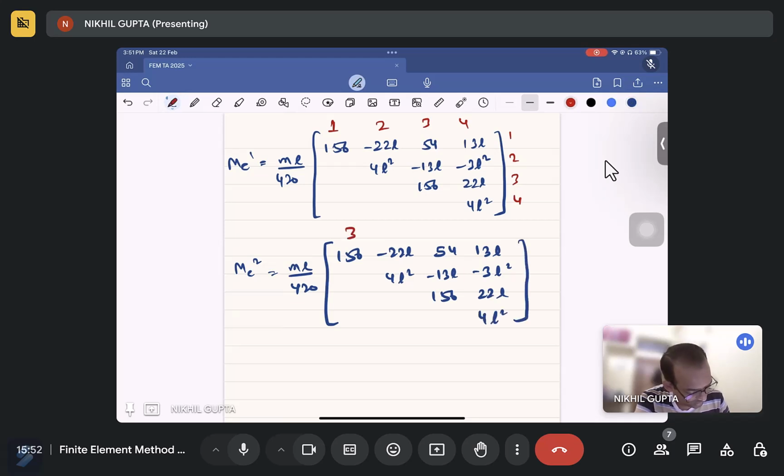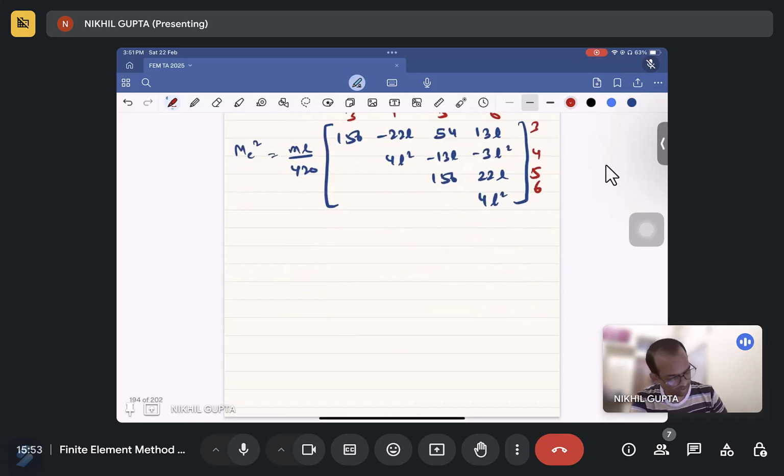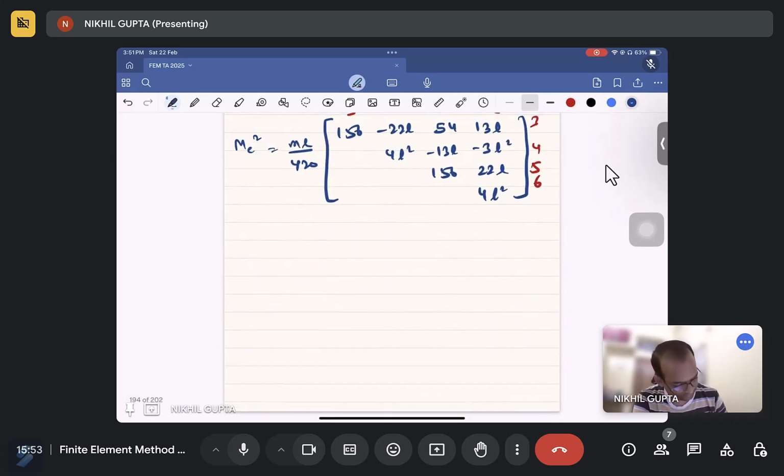So it will be 3, 4, 5, 6, because M2 is related to the second element. Now according to this, you will form a global mass matrix which will be ML by 420. You will add the corresponding terms if present.